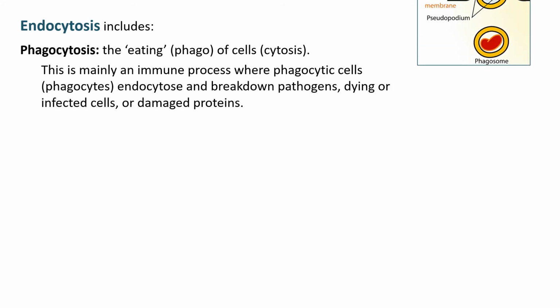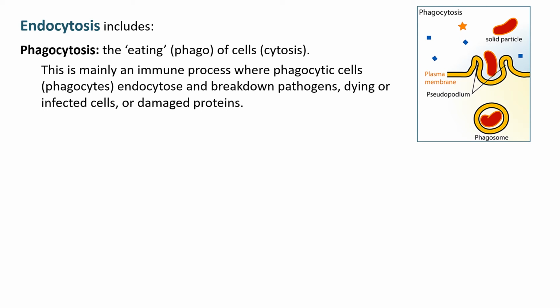Endocytosis, we've got a few different types. Phagocytosis we will come back to in immunology. Phagocytosis, phago stands for eating, of cells, cytosis. And it's mainly an immune process, although it can be used with dying cells, so as a sort of clean-up operation generally.